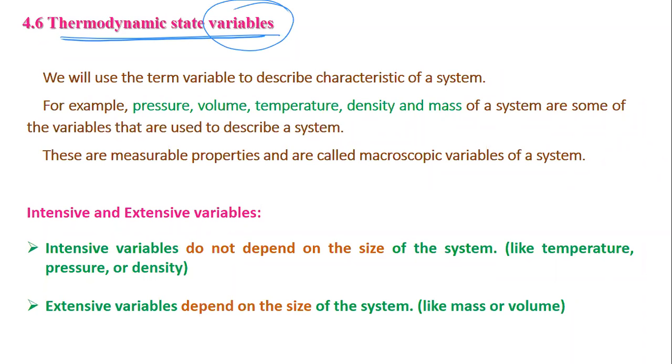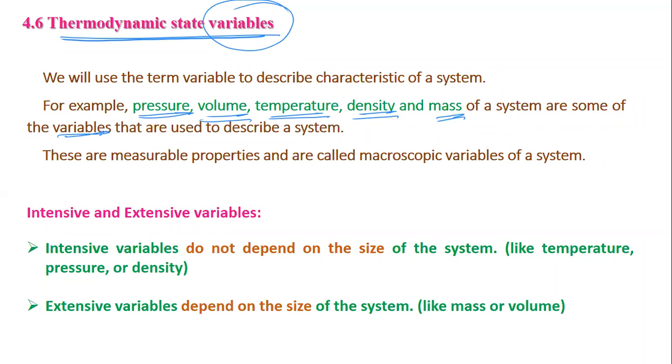For example, when we consider a gas, the pressure changes, volume changes, temperature changes, density changes, maybe the mass may change. These variables describe a system. These are measurable properties and are called macroscopic variables of the system.